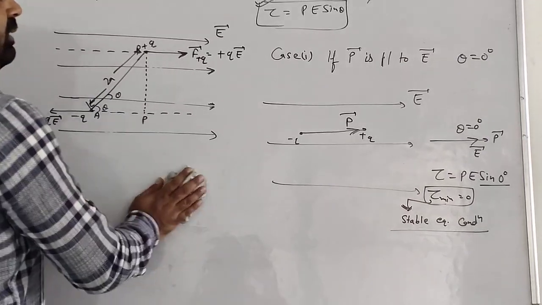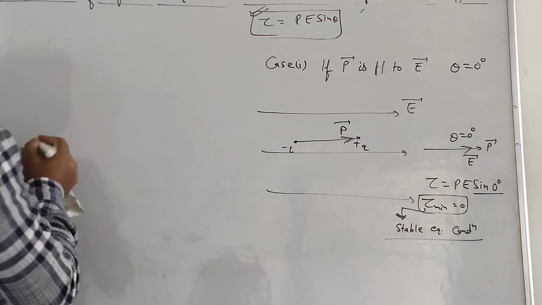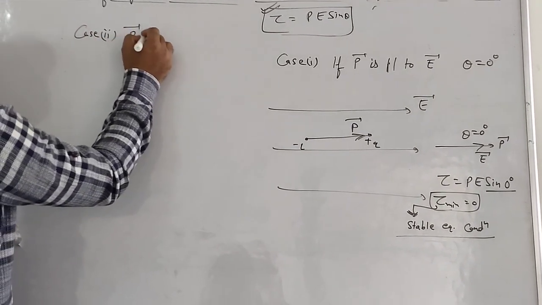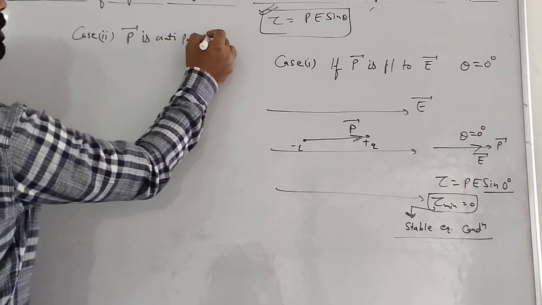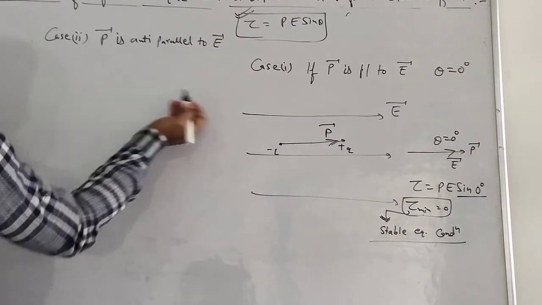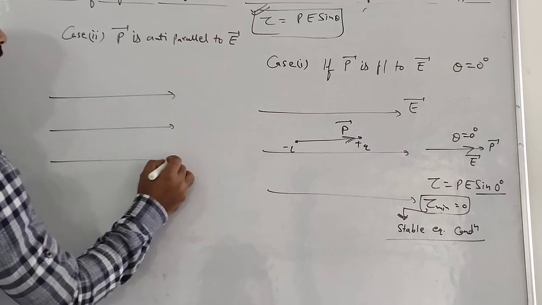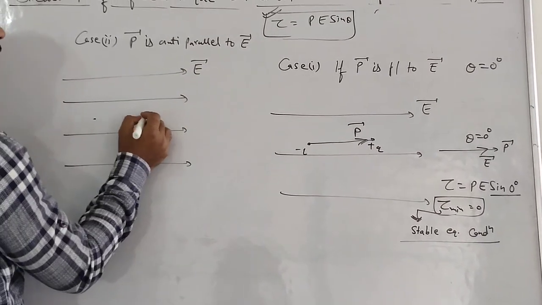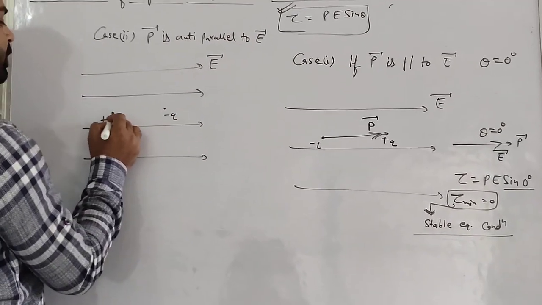Now we discuss its second case. The second case is P vector anti-parallel to E vector. Means these are the electric field lines which denote E vector, and here is minus q charge and here is plus q charge.